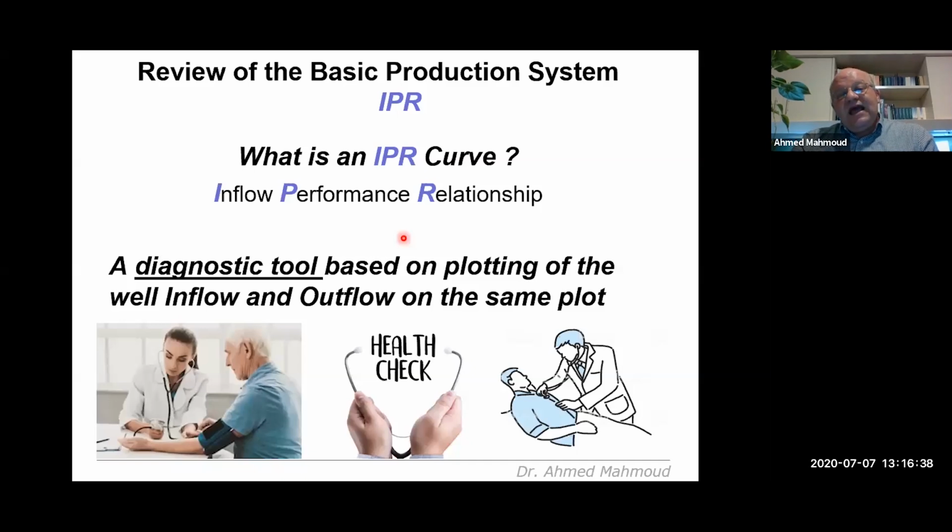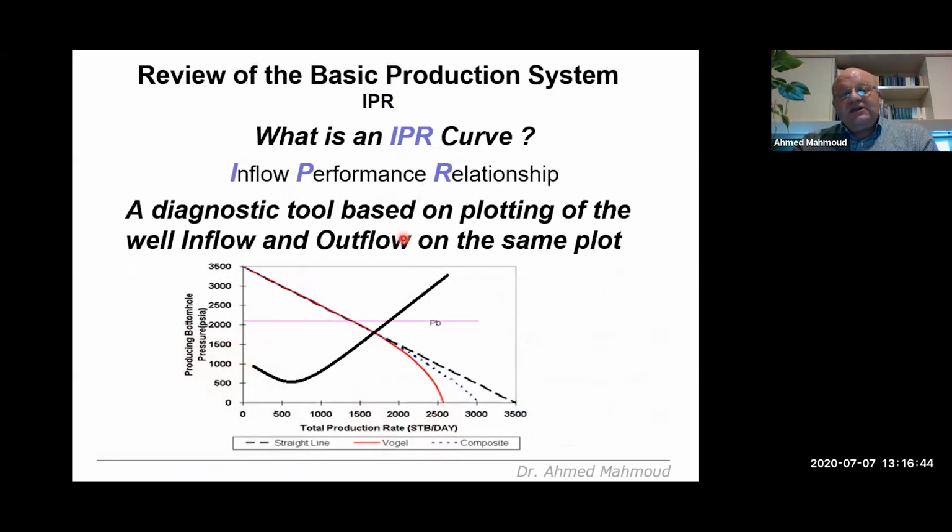So let's see how we use this diagnostic tool, the IPR curve. First, we will go into what the IPR curve looks like. And this is basically it. You have the red curve here called the inflow, and the black curve is called the outflow. And each one has a specific list of things that affect it.